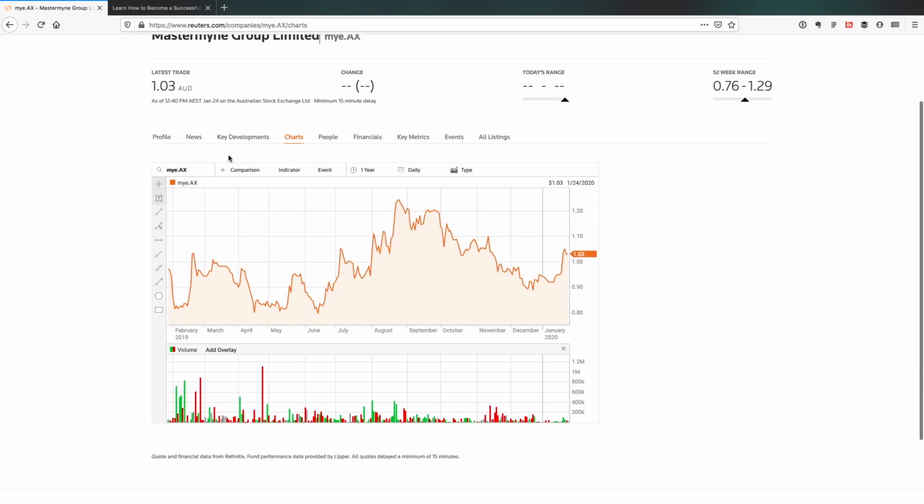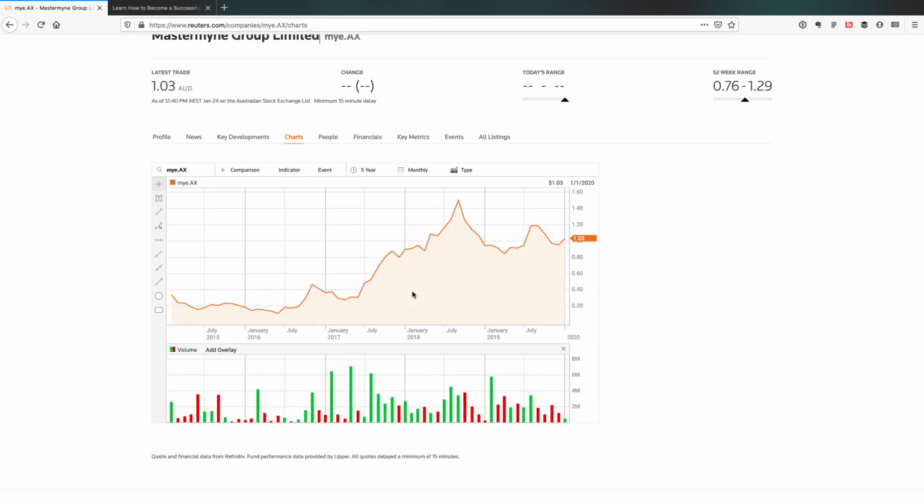So I'm going to jump over to the charts here, and I'm using Reuters.com, by the way. And first thing I'm going to do is look at a 5-year monthly chart. Now I'm going to take this little line drawing tool here, and I'm going to draw a line between the two lowest points on the graph.